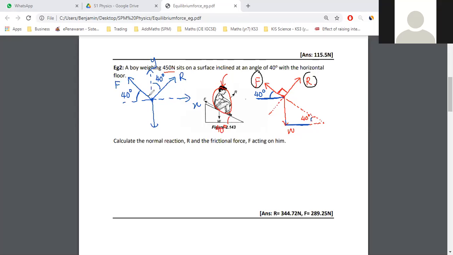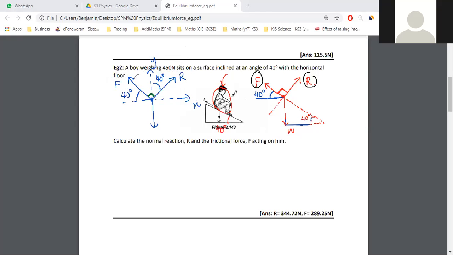Because these two are perpendicular, right? If this force is twisted like 40 degrees clockwise, then this one is also 40 degrees because they are perpendicular. So with the angle, then you can calculate.